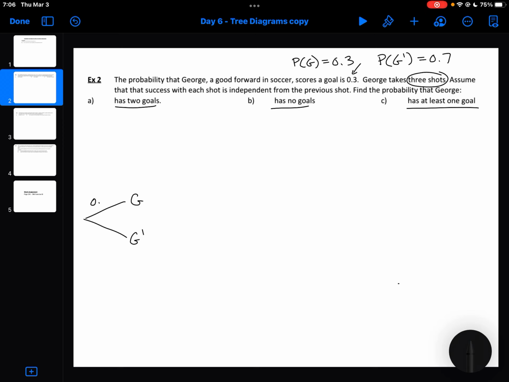The probability that it goes in is 0.3. The probability that it doesn't go in is 0.7. My second shot, I've got the same 2 options. Goes in, doesn't go in. And then same thing on the other option for my first branch. And then on my third shot, George has that same option.